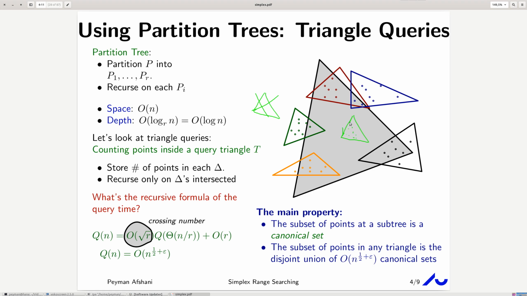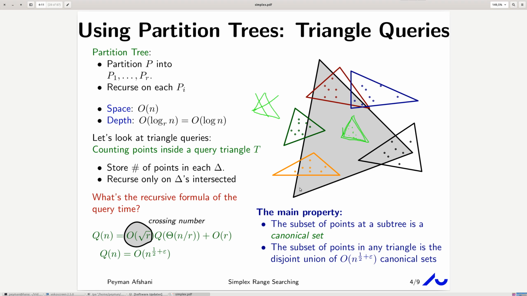Now instead I just add this canonical set to the list of canonical sets that forms the disjoint union of the points inside the query triangle. Since the sets of points contained inside the triangles that I use for partitioning are disjoint, it follows that the canonical subsets that I pick will form a disjoint union of the set of points inside this triangle.